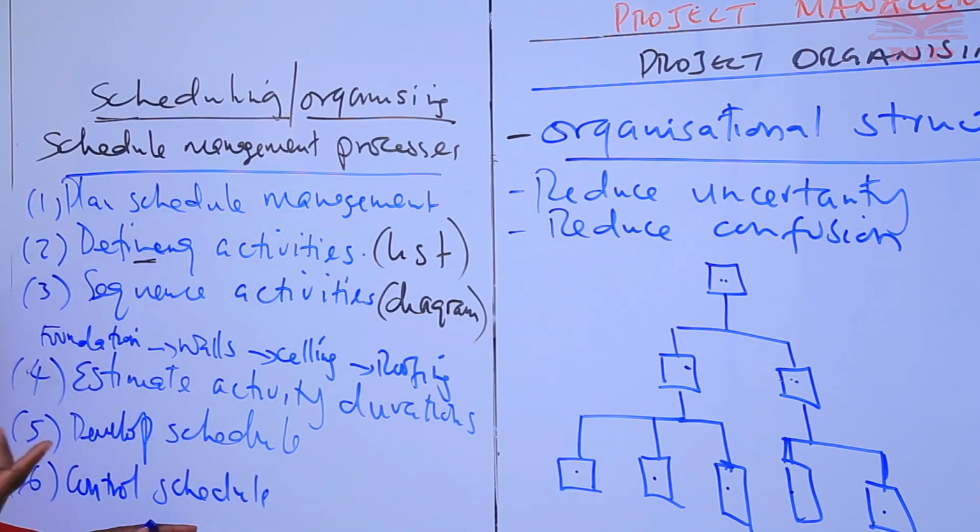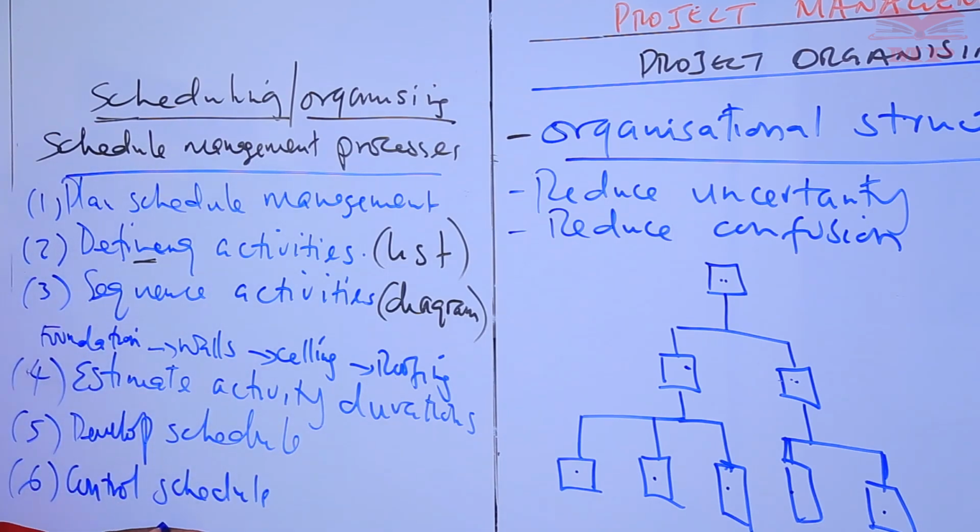We discussed baselines in our previous session, and it is on the basis of the baseline that the project is monitored. The evaluation or control is done based on a baseline. And the purpose is to maintain the baseline throughout the project.